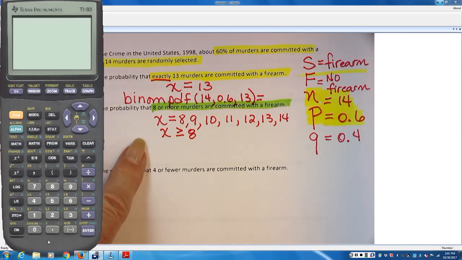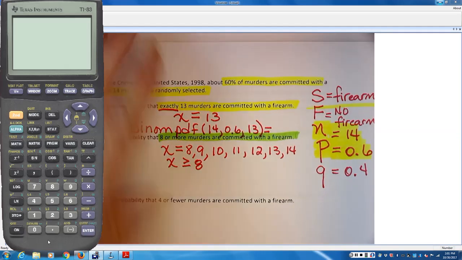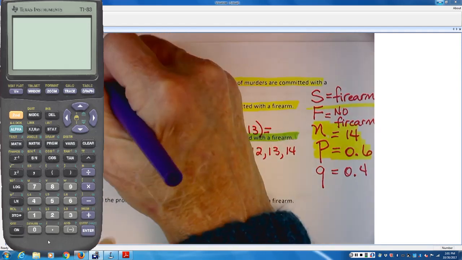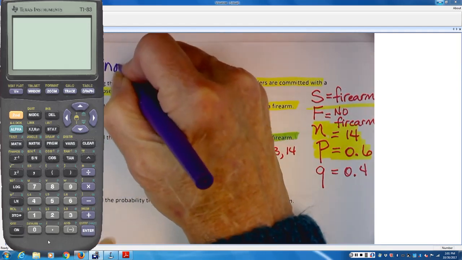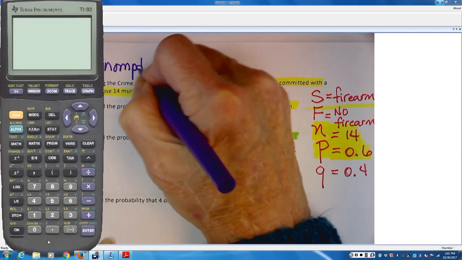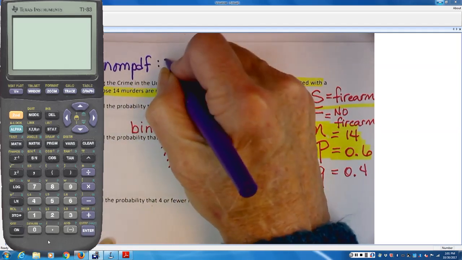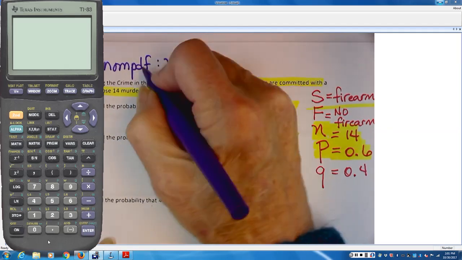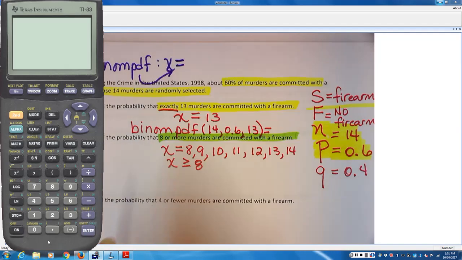Okay. Now, remember, this is very important. Write this down. Binomial PDF means x equals. And that's it. Nothing else. Equals.